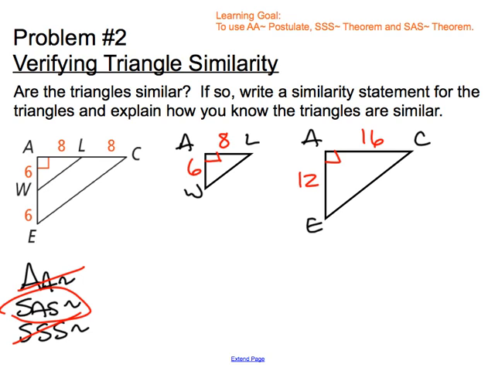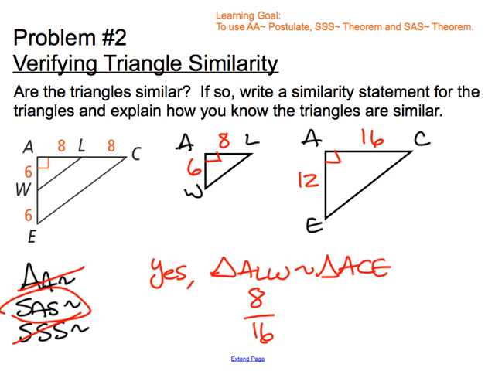theorem. We have the included angle, so we need to show that the sides are in proportion. In other words, if we're to be able to say yes, and that triangle ALW is similar to triangle ACE, we should be able to say that AL over AC equals the same thing as AW over AE.